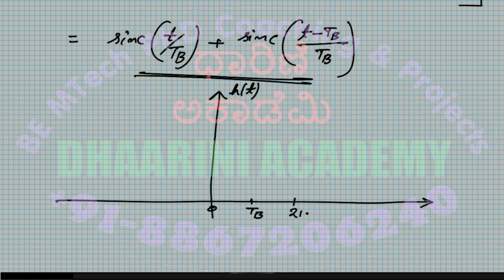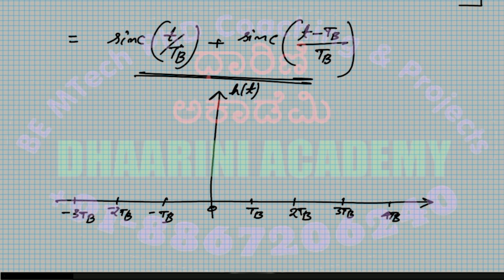So it's 2 tb. This is 3 tb, and so on. I'll write another one, 4 tb. On the other side also, I'll write a few values: minus tb, minus 2 tb, maybe one more, minus 3 tb.